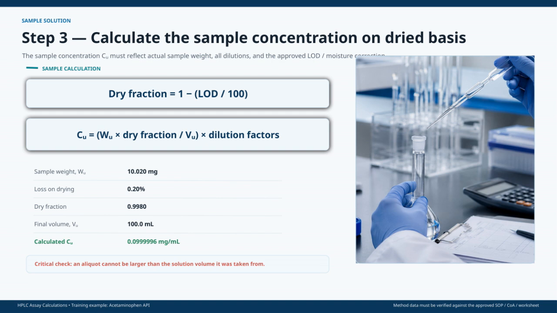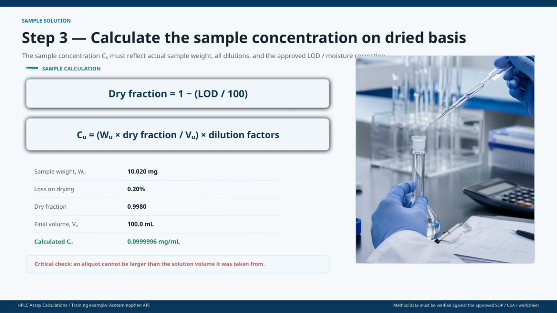Next, the sample concentration, represented as C, must take into account the actual sample weight, the dry fraction, the final solution volume, and any dilution factors. The formula we use is C equals the sample weight multiplied by the dry fraction, divided by the final volume, and then multiplied by the dilution factors. For our sample, the weight is 10.020 milligrams, and the final volume is 100 milliliters.